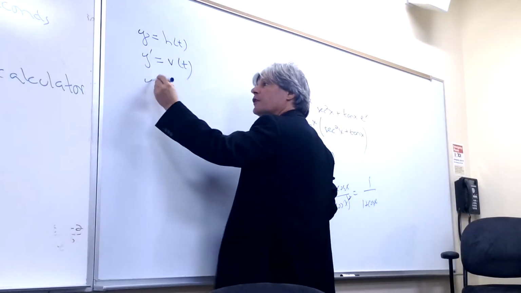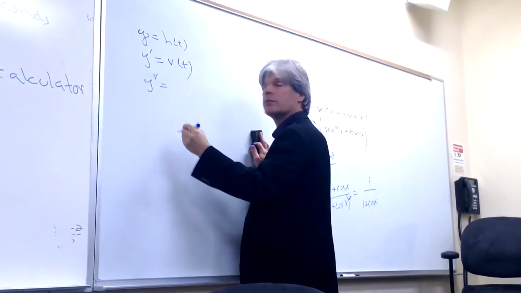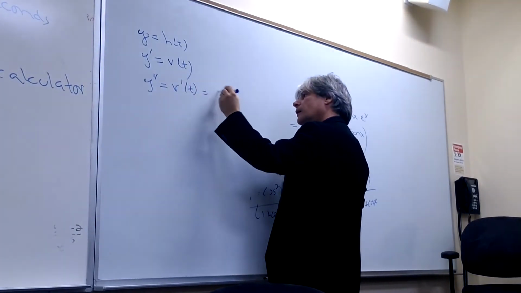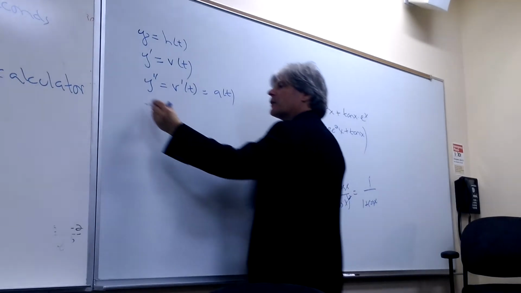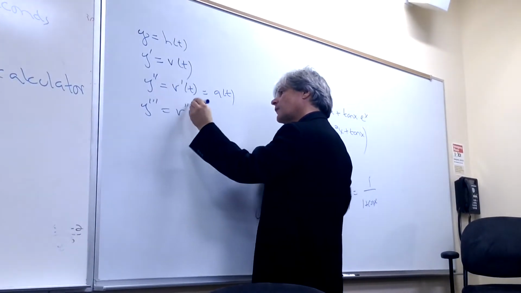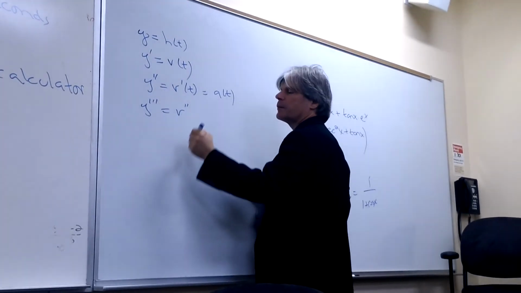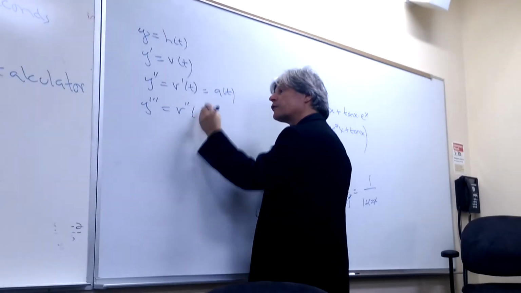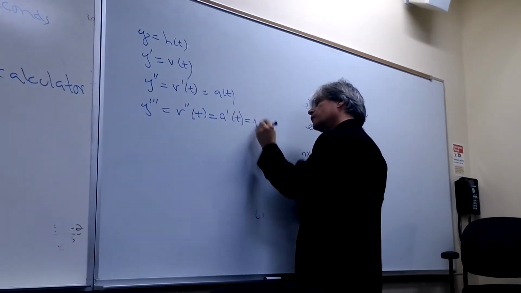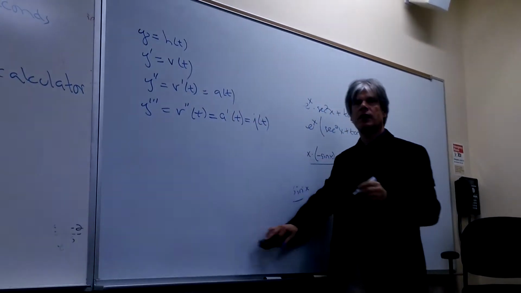If I differentiate a velocity, I merely get acceleration. And if I differentiate position thrice, or velocity twice, or acceleration once, then I get the jerk of that particular object at time t.